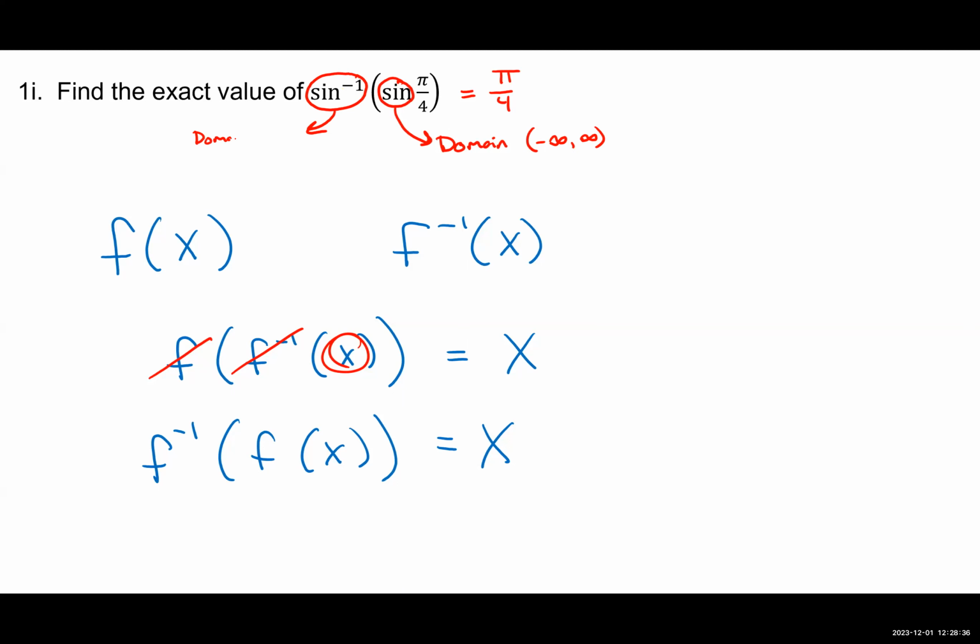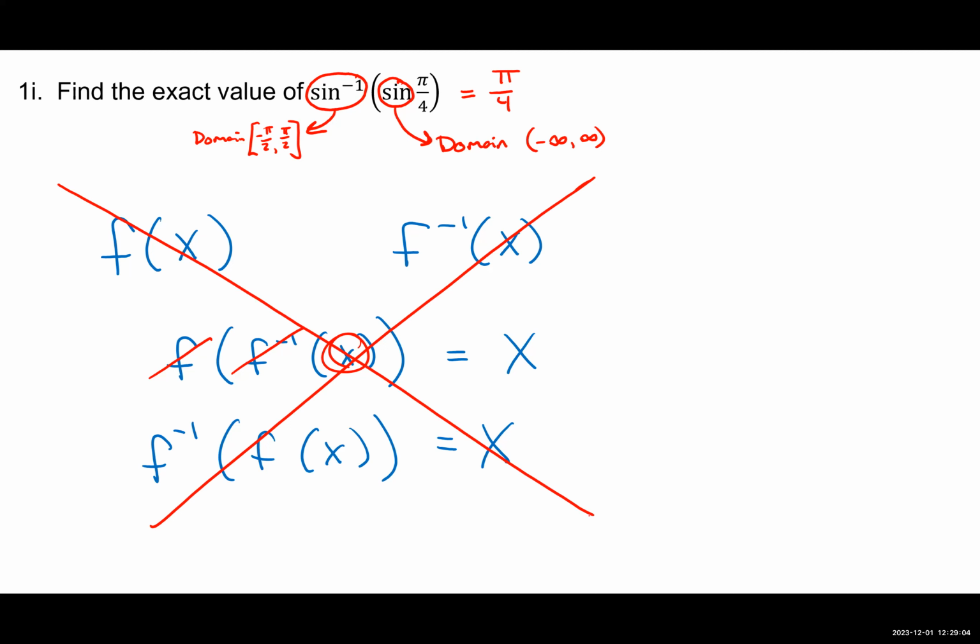The domain is, let me use brackets, negative pi over 2 to pi over 2. So they have different domains, right? Not every number that works for the sine function also works for the sine inverse function. So let's not think about inverse functions this way when we're talking about trig functions, because the domains don't line up.